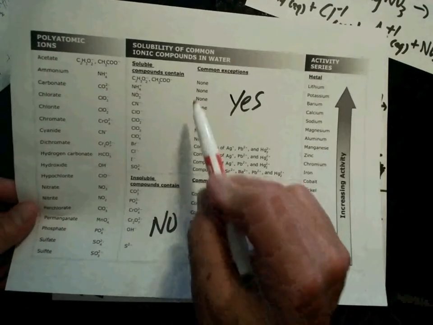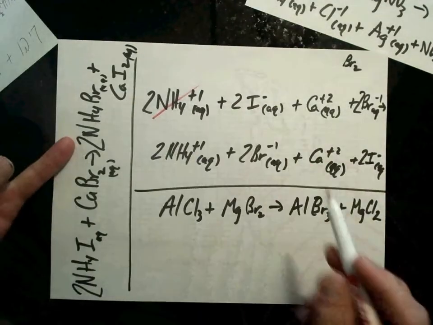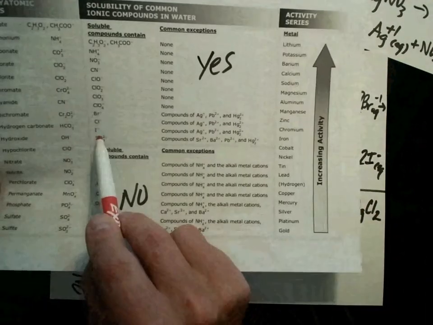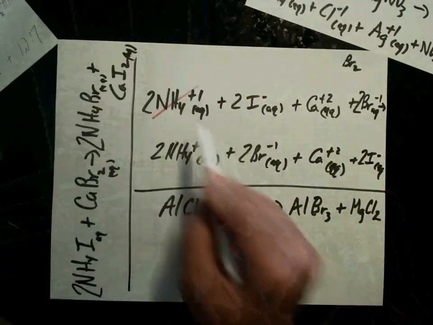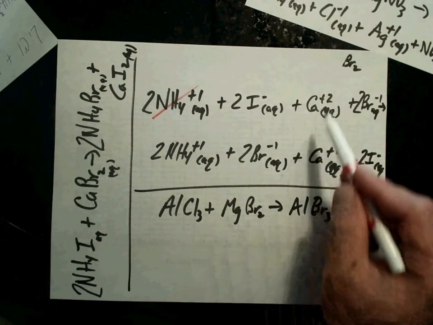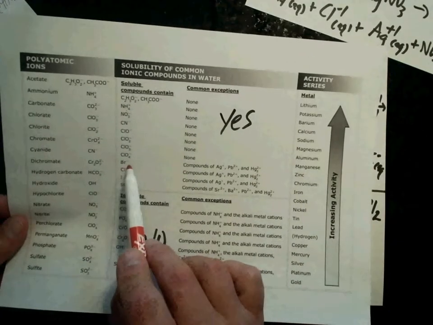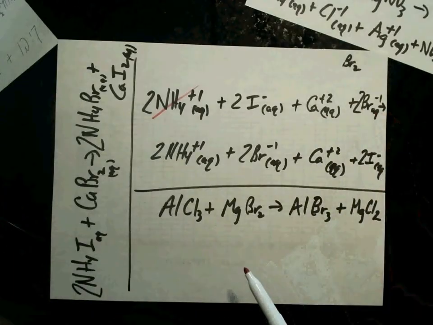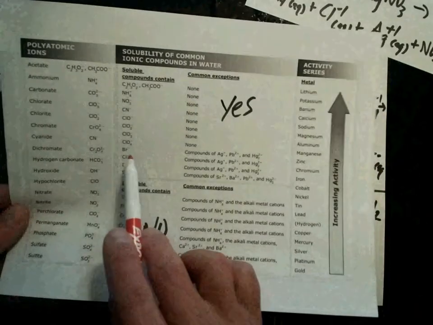Follow the rules one more time and then you can apply it. Ammoniums are all yeses. Spectator. So it's going to do this. And iodide. All iodides dissolve except for the heavy metals. So they're aqueous. I shouldn't have marked out yet. Calcium and bromide. Bromides all dissolve in water, no exception. Broke it into parts. Ammonium bromide.